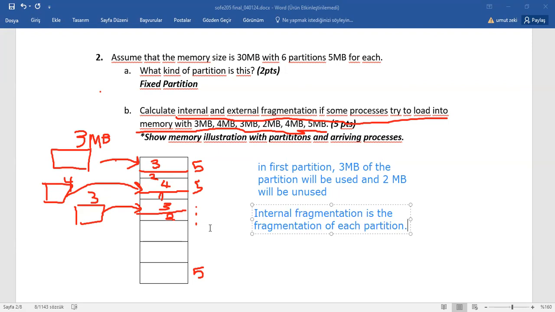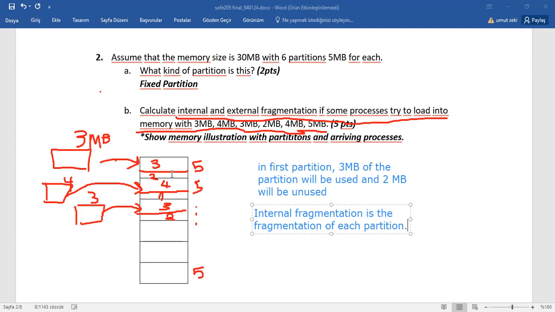So if you check the first one, the 3 megabyte process comes to the partition, but the other 2 megabytes will be useless. We can't put any other process there, so it will be a kind of wasted part.